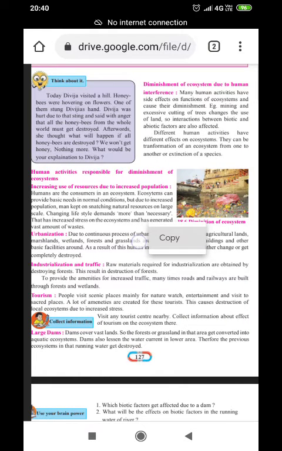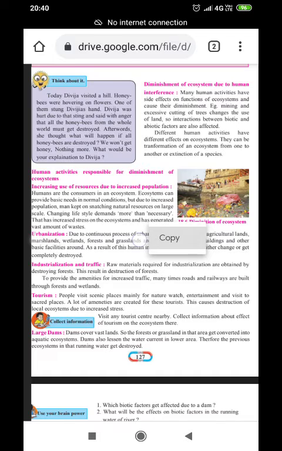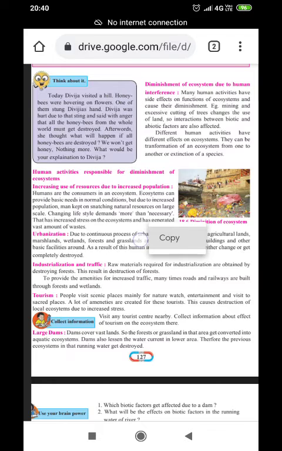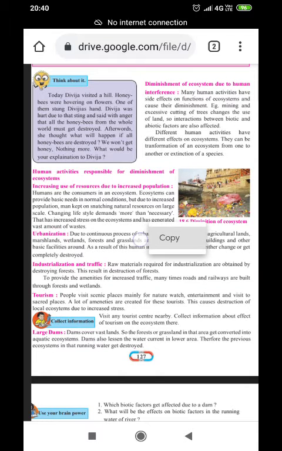Diminishment of ecosystem due to human interference. Now, how is the human responsible for the destruction of the ecosystem? Many human activities have side effects on the functions of the ecosystem and cause their diminishment. For example, mining and excessive cutting of trees change the use of land.